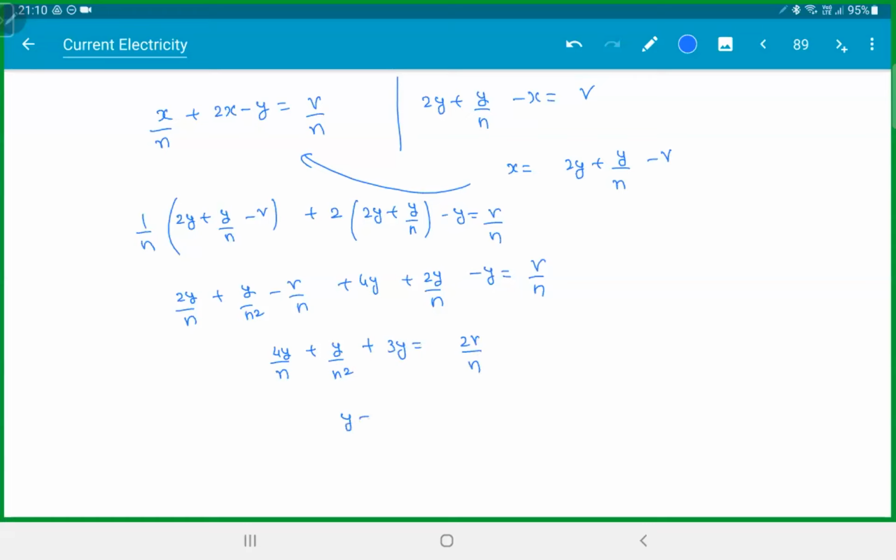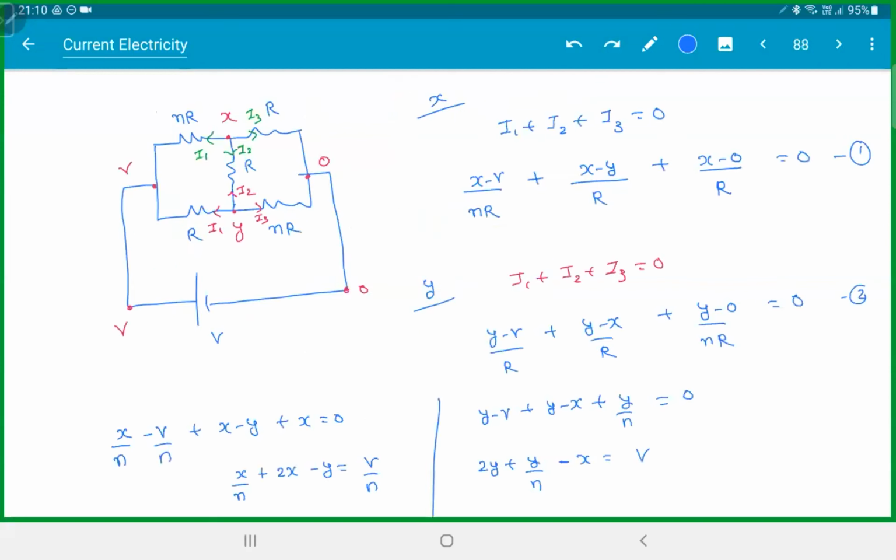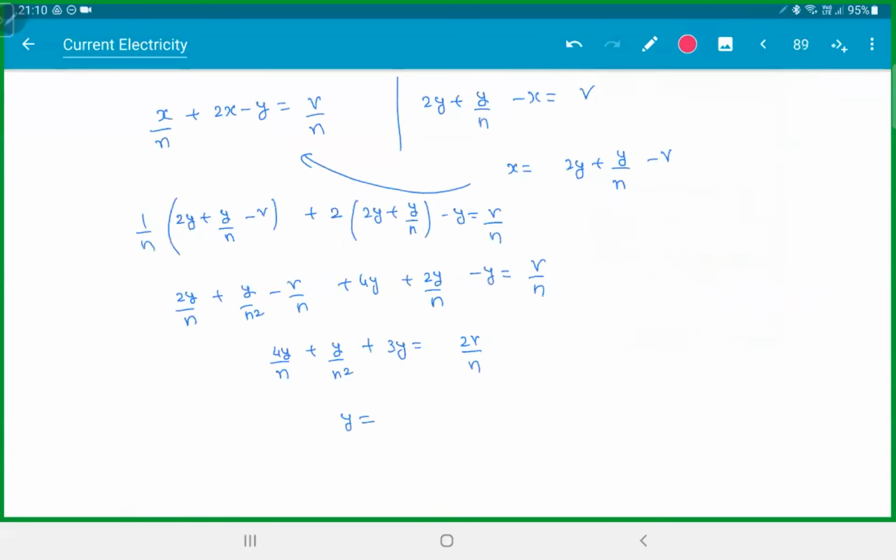From here you get the value of y. That's pretty bad. Once you get y's value, you can find the current in this branch. You get x also from there. So from this circuit, we can find the current in the branch.